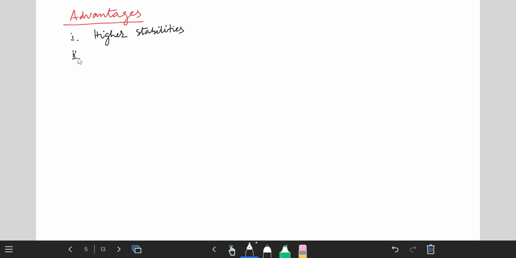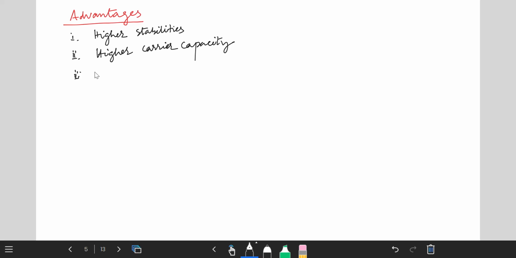Second one is higher carrier capacity. Third one is feasibility of various routes of administration with both hydrophilic and hydrophobic substances.